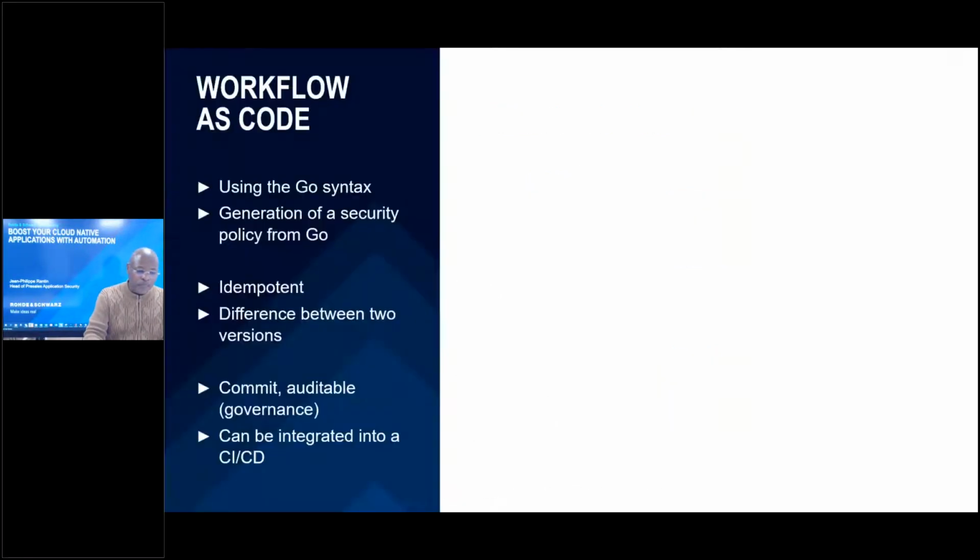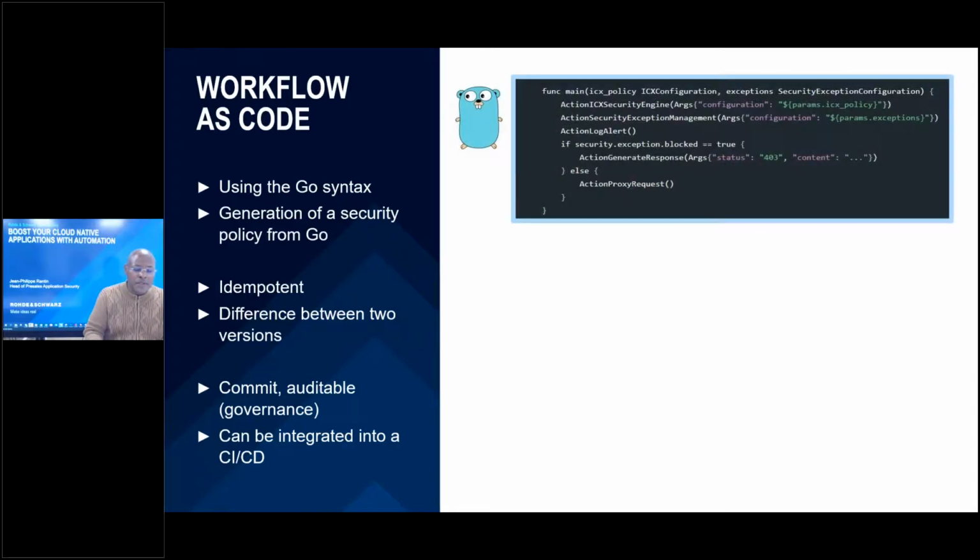So why use the workflow as code? The first thing is we tried to make it easy to use by using a Go syntax. With the Go syntax, it appears a bit more clearly what should be modified, what should be added, or what should be removed whenever you are creating your own workflow.